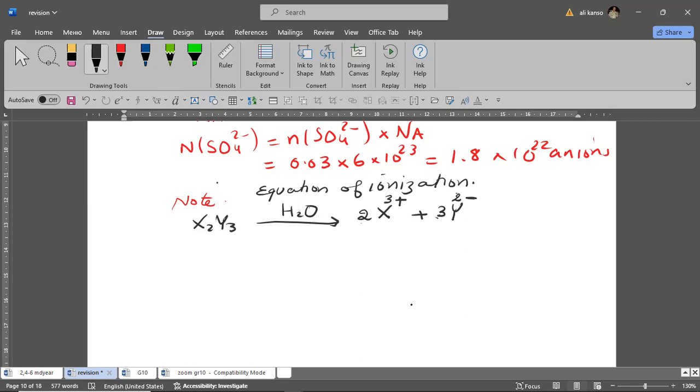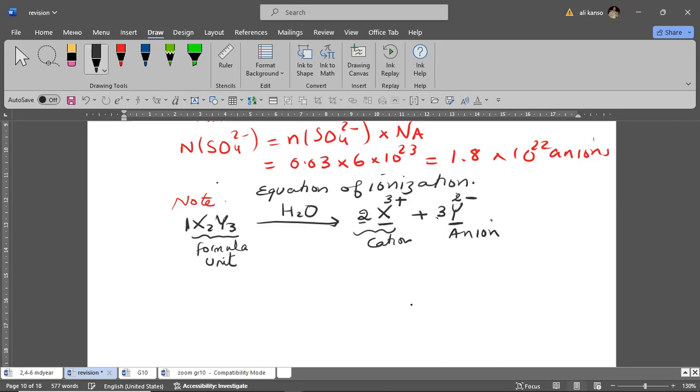So now here, this is called the formula unit. And this one is called the cation, and this one is called the anion. You know this. The coefficient here is 1.